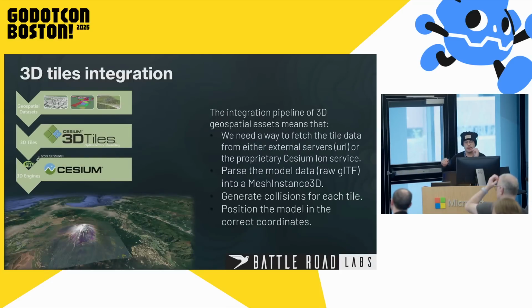Pretty neat, right? And then it goes through the Cesium 3D tiles model. So it parses it, it streams it, it places it in the right place, and then at the end you get it through a 3D engine, which in this case is Godot, of course.